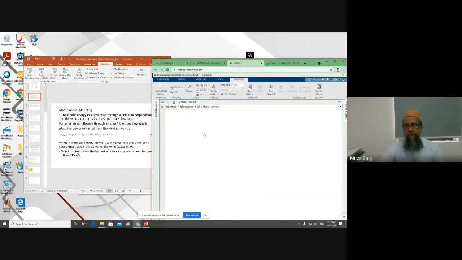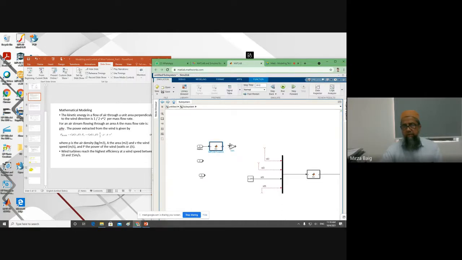We can make it equal to u1 squared, r squared, and then it will be multiplied with pi.